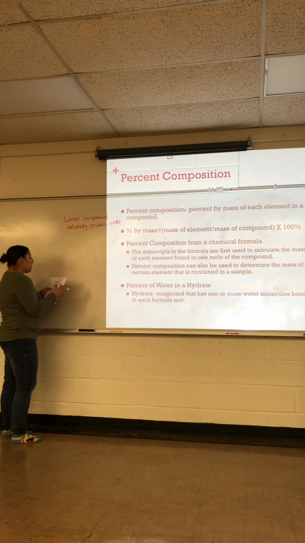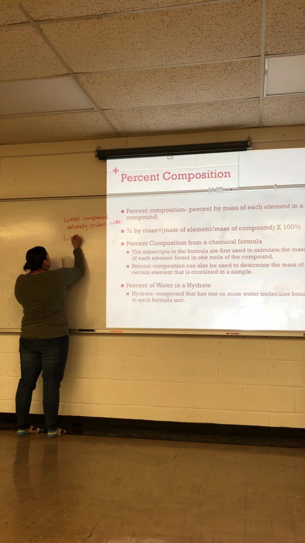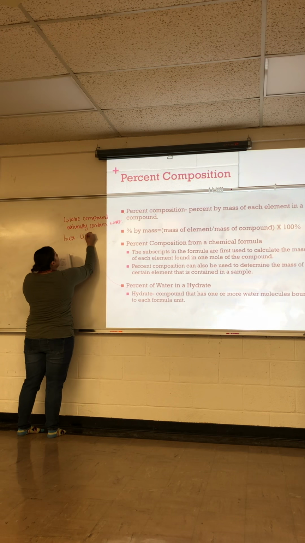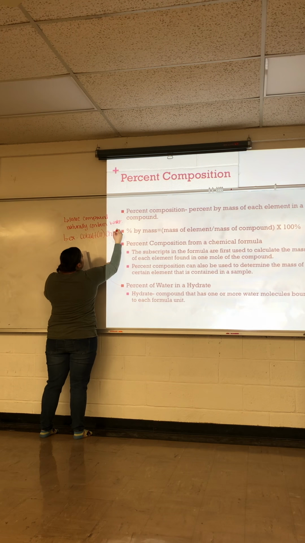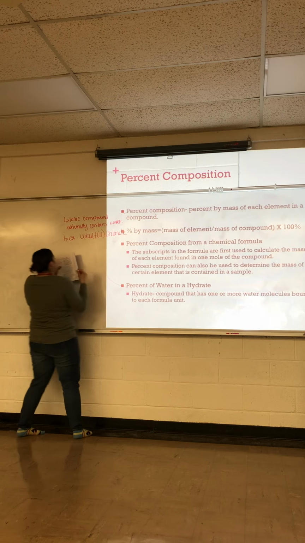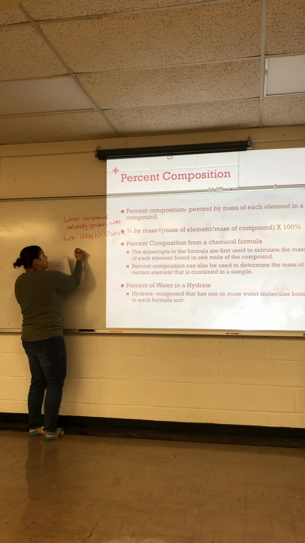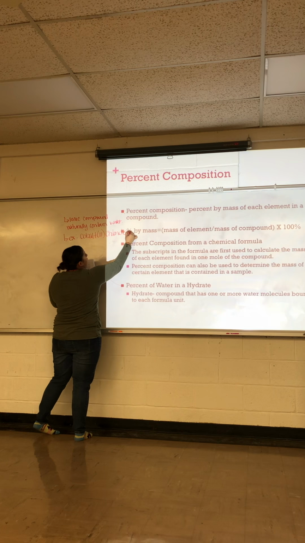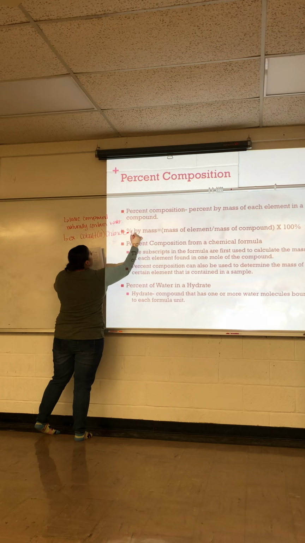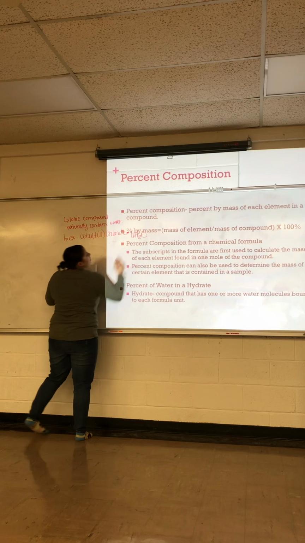A good example of this is cobalt(II) chloride. And typically how you see this is you see the name, and then right next to it you have a multiplication sign with the coefficient of H2O.